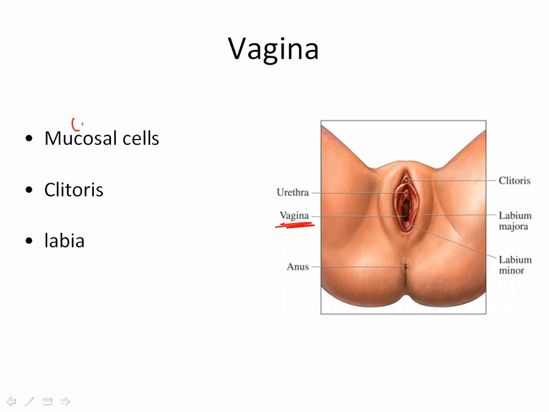Mucosal cells, obviously mucus. And the purpose of this is going to be for lubrication. So it's going to be a lubricant. Okay, we also can call our vagina our birth canal. That's another name for it.